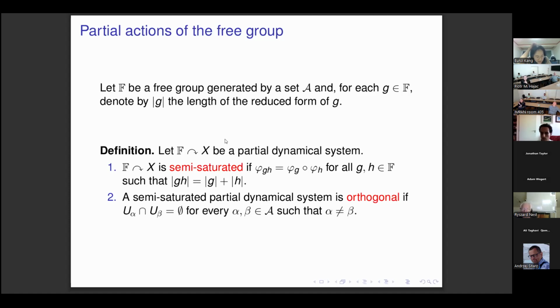Of course it's a partial map. But if there's something in the common domain and codomain, then they commute. Yes, but only one generator is allowed to act then, because you have this orthogonality condition that says that the domains of each generator are disjoint. Ah, so maybe you have a copy of Z working, yes. That's true, but it's the copy of Z corresponding to one of the generators. The other generators are simply acting on other parts of the system.